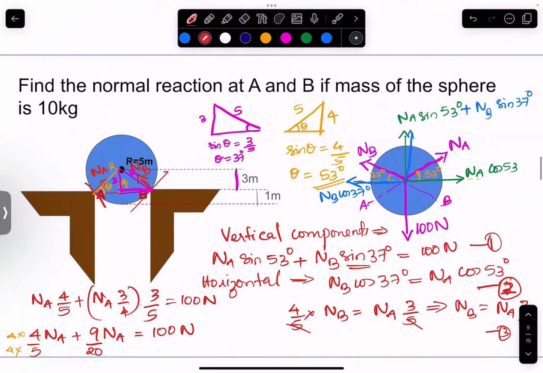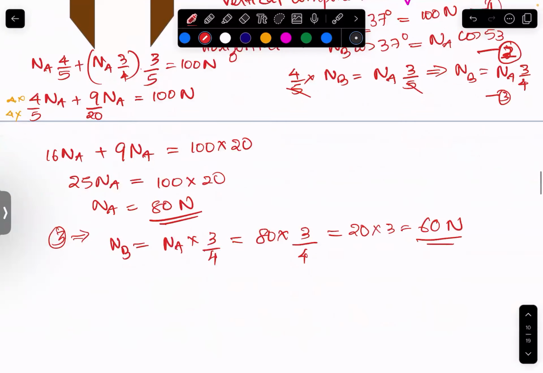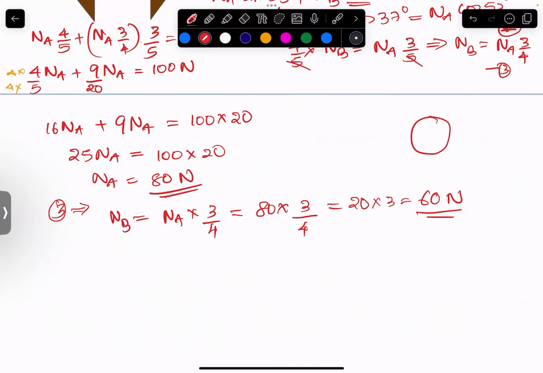The key point here is reaction force is not always in the y direction. It's not like whichever orientation it is, it's always like this. No, reaction force is always perpendicular to the contact surface. So here the contact surfaces were like this, so the reaction force is perpendicular to the contact surface.